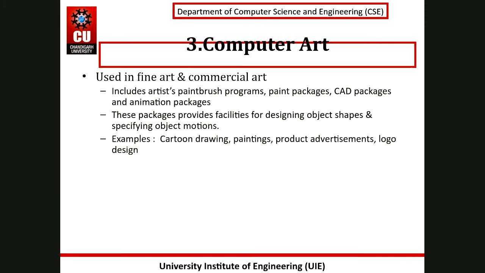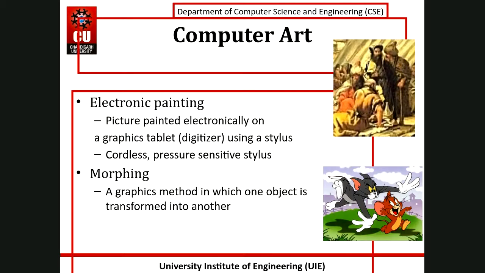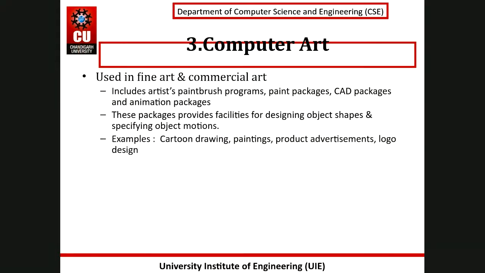Next comes computer art. We can draw the images, or you can say we can display the images with the help of computer art. Electronic painting is an example of computer art. With the help of computer art, we can draw free hand images, and there are various packages like paint packages, CAD packages, and animation packages available, and we can draw different shapes of a particular object, or you can also provide motion to the object.